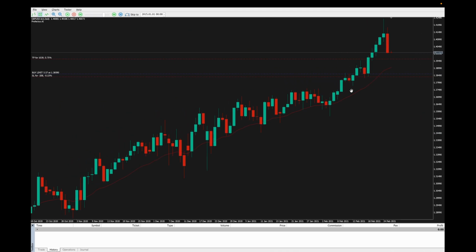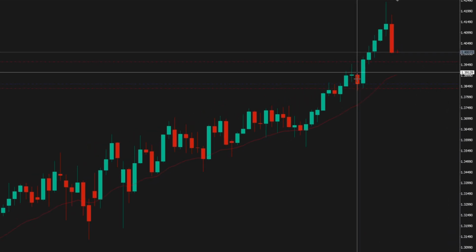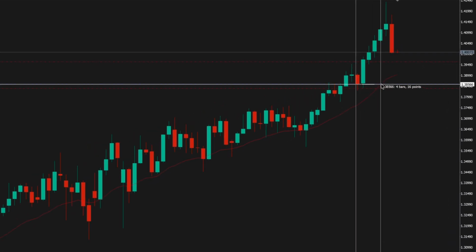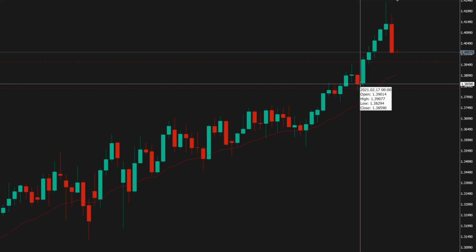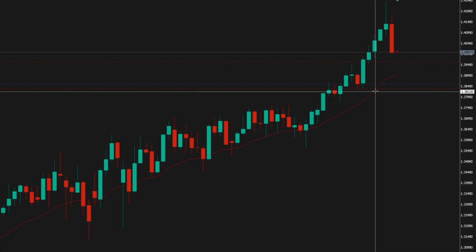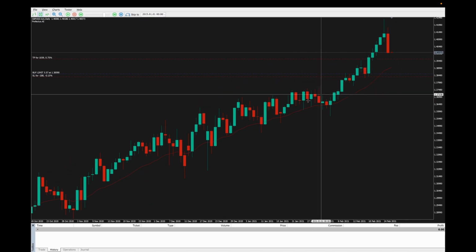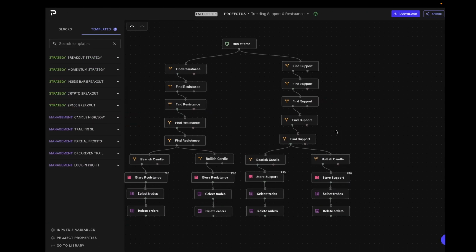Let us check the candle close of 3, this red candle. It's a bearish candle, so the close is here at the bottom, exactly on the price level 1.38259. And the moving average is here. So yes, the close is above. Even though it's a bearish candle, the close is above the daily 20. So we are still in this bullish trend. That's why we check that.